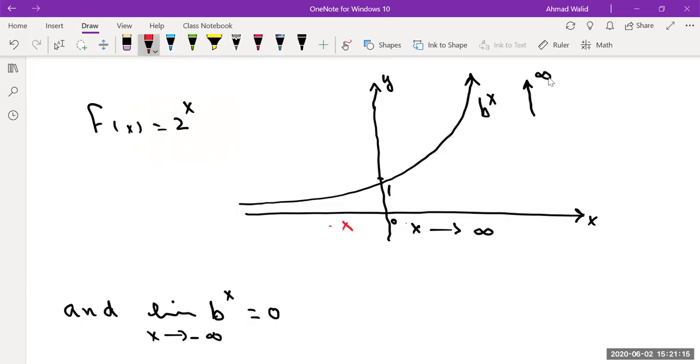When x is approaching negative infinity, this function b to the power of x is coming closer and closer to the x-axis, but it never touches the x-axis, because the x-axis is the horizontal asymptote for the exponential functions, correct? It means it's coming close and close to where? To 0. Then you can write the limit of b to the power of x as x approaches negative infinity is always 0, correct?